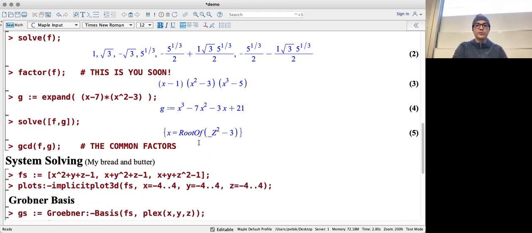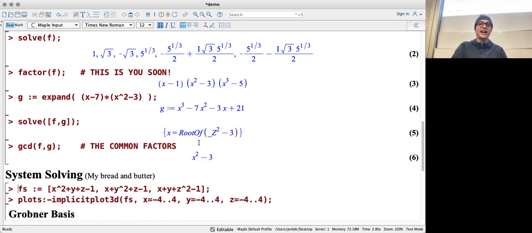Now it's saying it's the root of z squared minus 3. The other thing that's quite important in a computer algebra system is the GCD operation, the thing that comes out of the Euclidean algorithm. The GCD algorithm is going to say f and g have the common factor x squared minus 3. Do you see the relationship between solving something and the GCD?